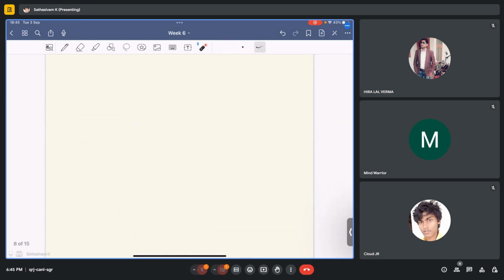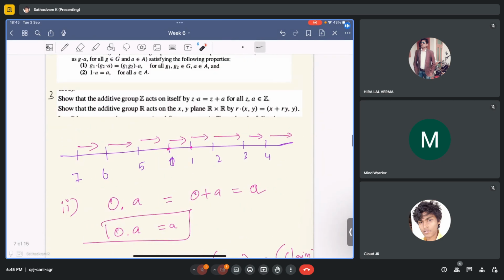Similarly, we can do the second example also. I'm not sure if we want to, but we can. Let me just copy it here.